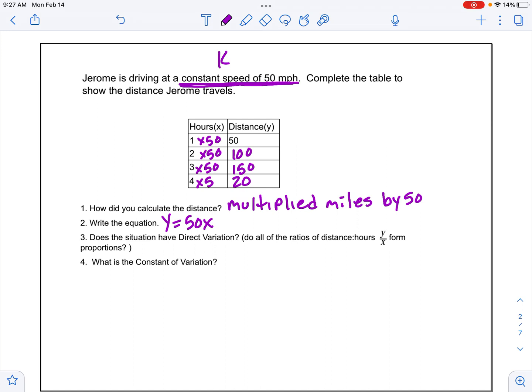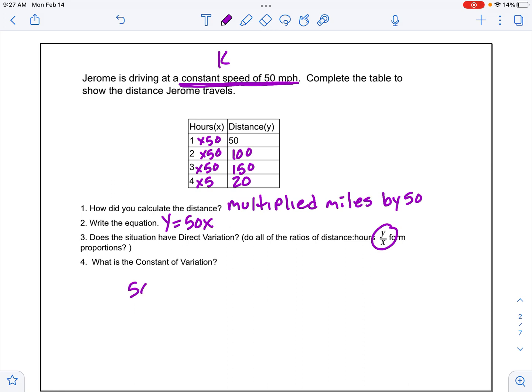Here is, do each of these sets of values in the table form proportions? Well, let's just look real quick. I have y over x, like this says. Let's do this.